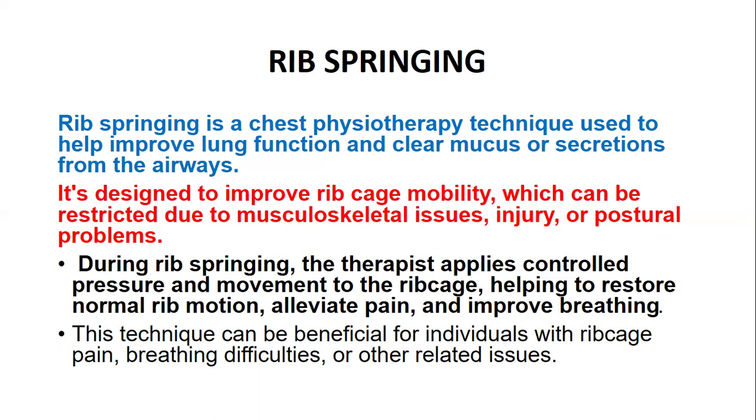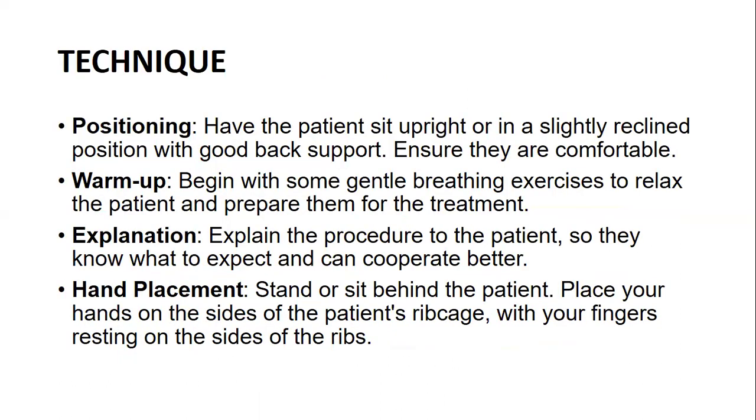This technique can be beneficial for individuals with rib cage pain, breathing difficulties, or other related issues. Position, as earlier discussed, make sure the patient is kept warm, okay? Gentle breathing exercises to relax the patient and prepare them for treatment.